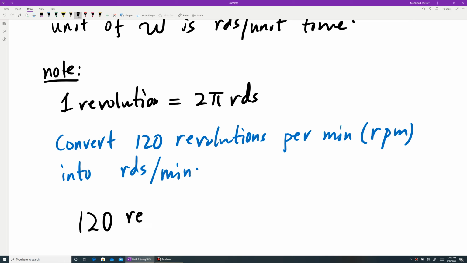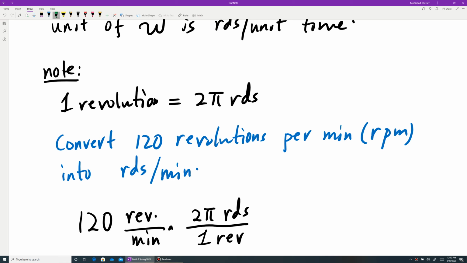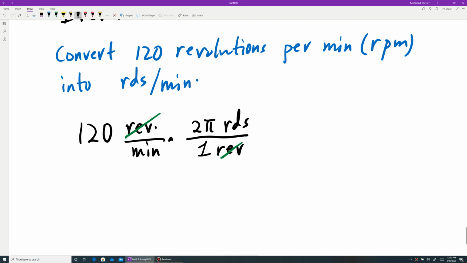Units are important. Revolution per minute, it's given. So what do we need? I need to get rid of the revolution. So I write 1 revolution here is 2 pi radians. Notice the revolutions cancel out, and we get 240 pi radians per minute.